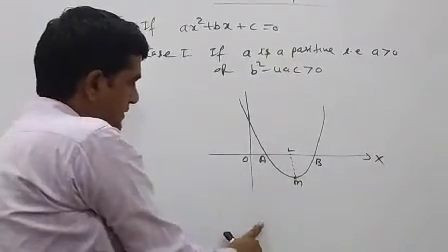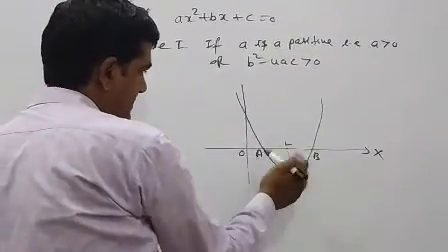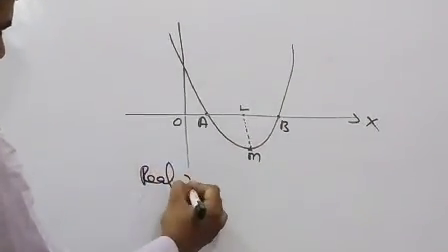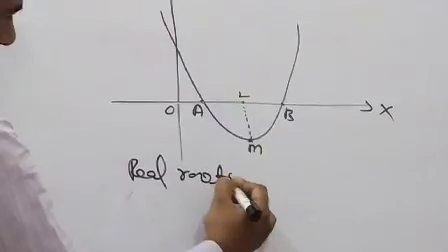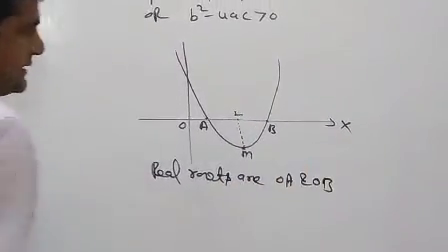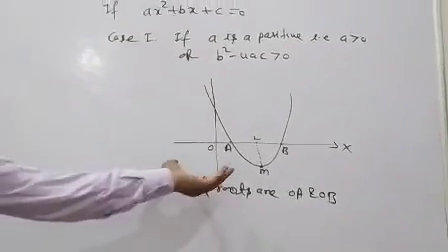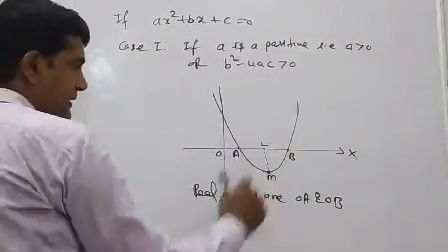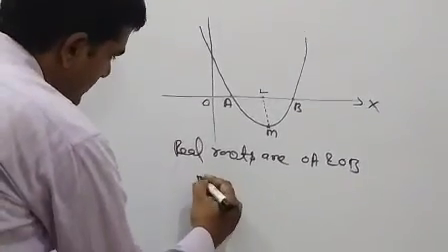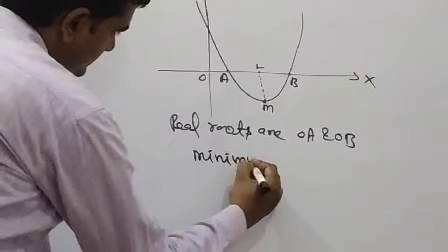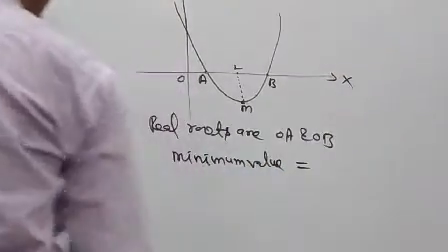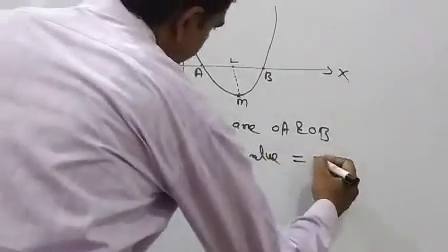Here O, A and B, and here the real roots are OA and OB. Clear? Roots mean values. We will get two values, OA and OB. Clear? And the minimum value, how can we find it?